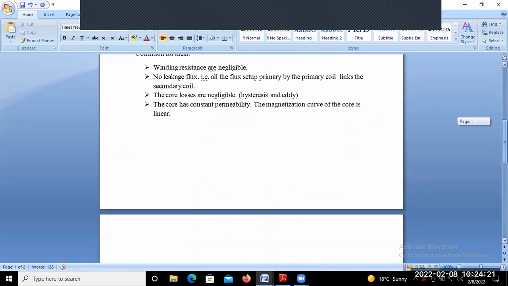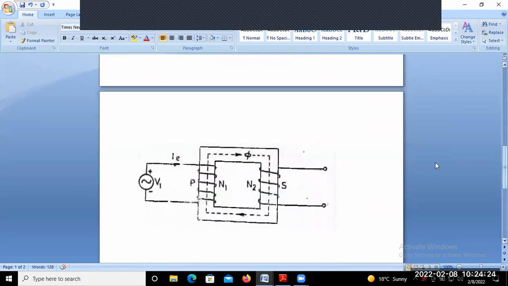So we find from this schematic diagram that this is your AC supply voltage, which means the sinusoidal nature of the voltage supplied to the transformer. Whenever sinusoidal voltage is given to the primary coil, the current drawn from the supply is also sinusoidal.